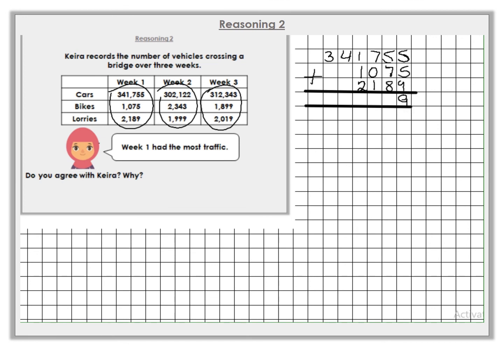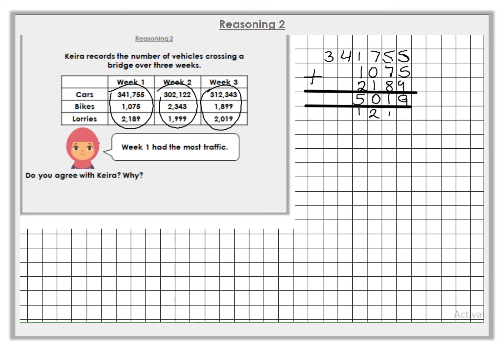So 9 there and 1 underneath. 5 plus 7 is 12, plus 8 is 20, plus the 1, 21, so there are 2 underneath. 7 plus 1 is 8, plus 2 is 10, 1 underneath. 2 plus 2 is 4, plus 1 is 5.